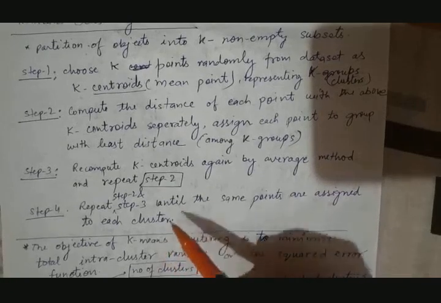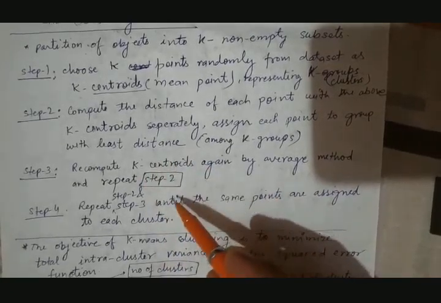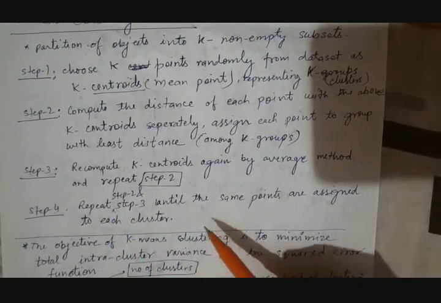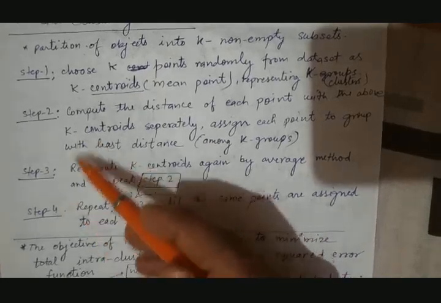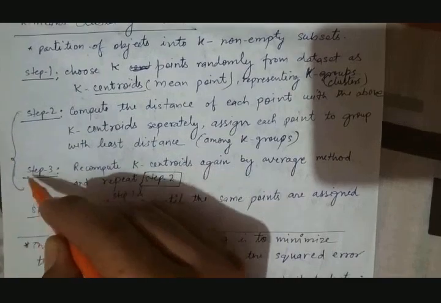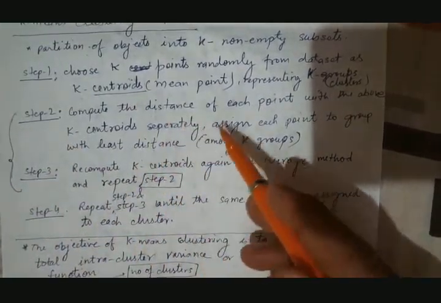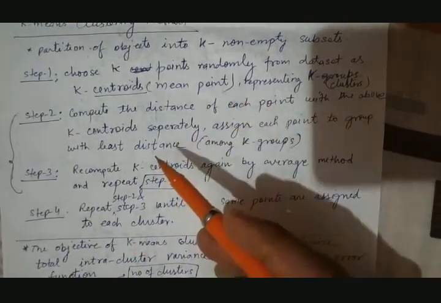Once we have computed the new K centroids, we repeat steps 2 and 3 until the same points are assigned to each cluster. These two steps are enclosed inside a loop and repeated again and again. Again we compute the distances, and the group with the least distance is assigned to each data point.